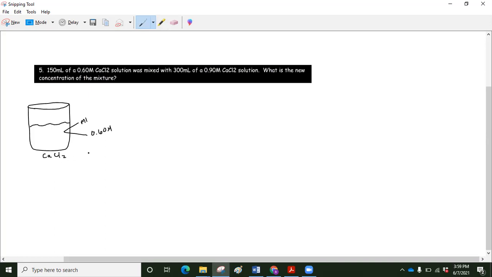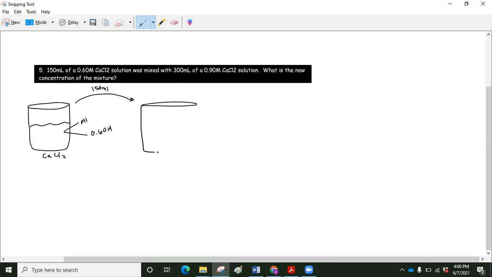And let's see here. So we took 150 milliliters of this and mixed it with a solution. It's mixed with a 300 milliliter solution.